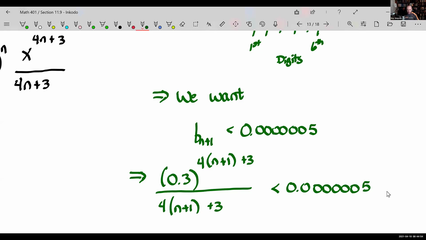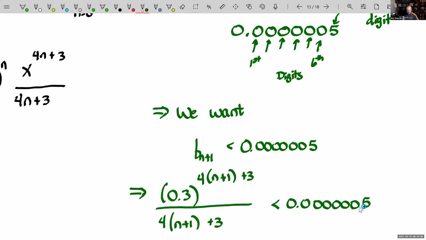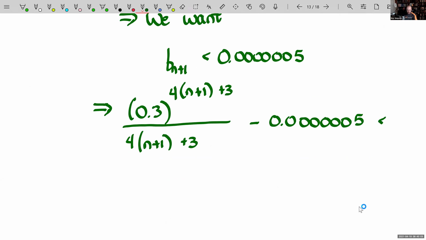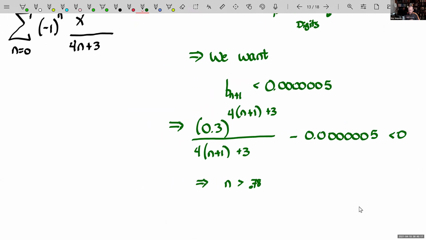So all I did there was take this statement right here. I subtracted 0.00005 from both sides to get this. I want to know when is that less than 0, and that implies that n has to be greater than roughly 0.78.